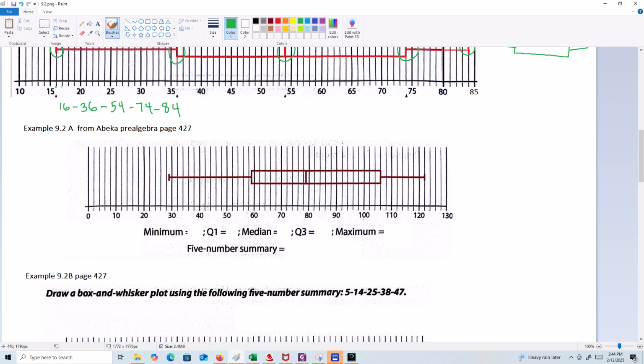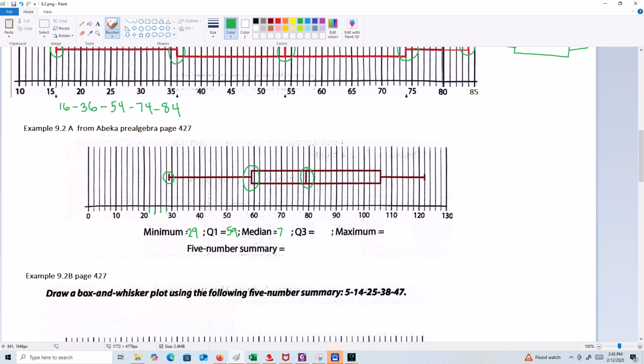So each of these incremental grid lines is a count of 2, and this is right in between 28 and 30. So the minimum is 29. The next vertical line we come to is right there, and it's right in between 58 and 60. So Q1 is 59. The next vertical line is right there in between 78 and 80.